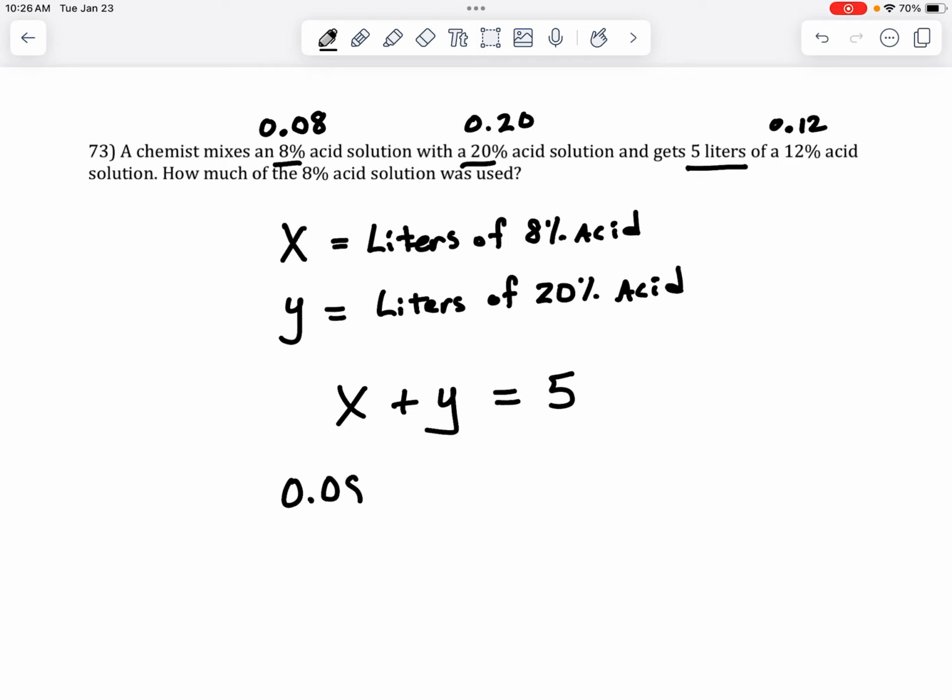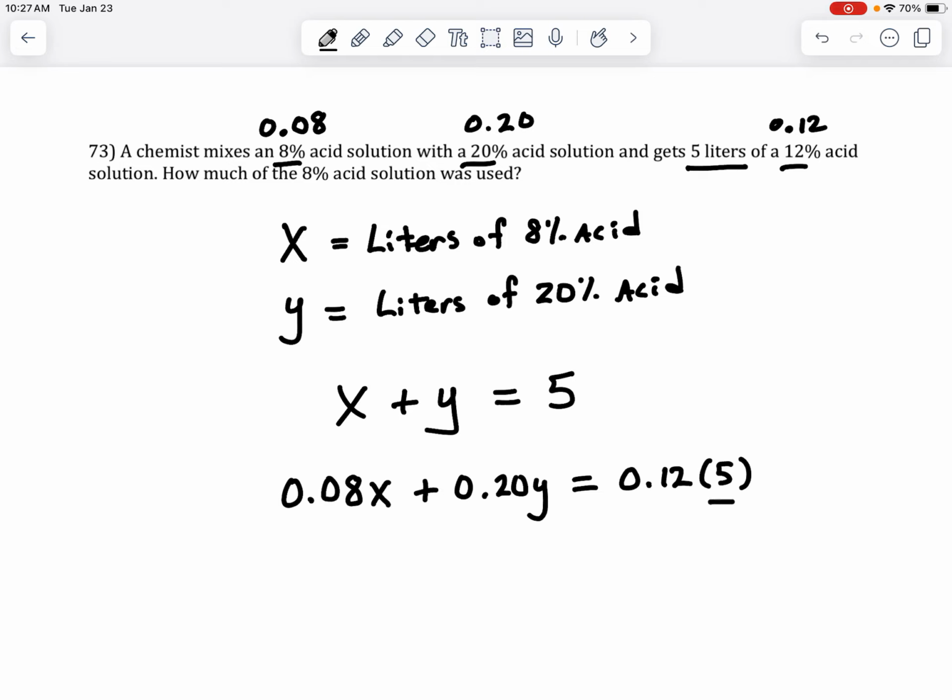So if you use X liters of the 8% solution and you multiply, that's going to be how much acid there is contributed by the X solution. And then if you take 0.20 times Y, that's going to be the total amount of acid contributed by the Y solution. And then there needs to be 5 liters, that's 12% at the end. So that means we'd have 0.12 and then times 5.